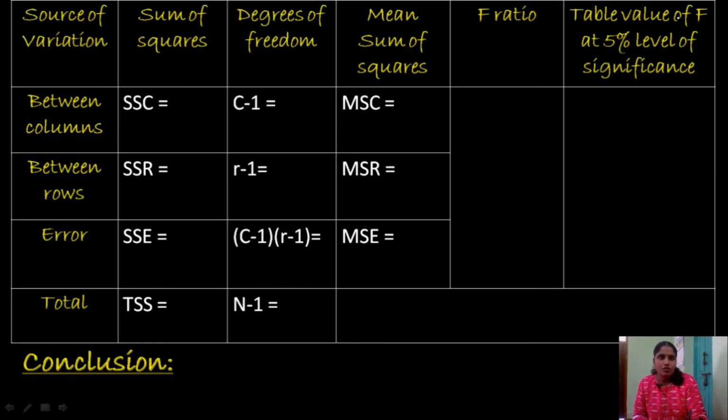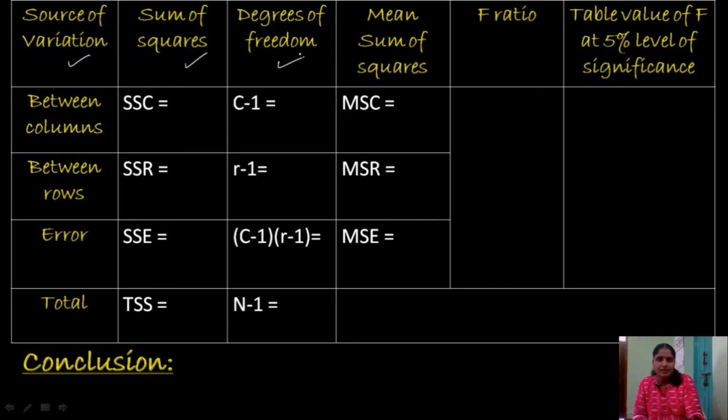This is what our two-way ANOVA table looks like. The first column represents source of variation, which consists of between columns, between rows, error and total. The second column represents sum of squares, that is SSC, sum of squares between columns, sum of squares between rows, and SSE, that is sum of squares due to error, and the last value TSS, that is total sum of squares.